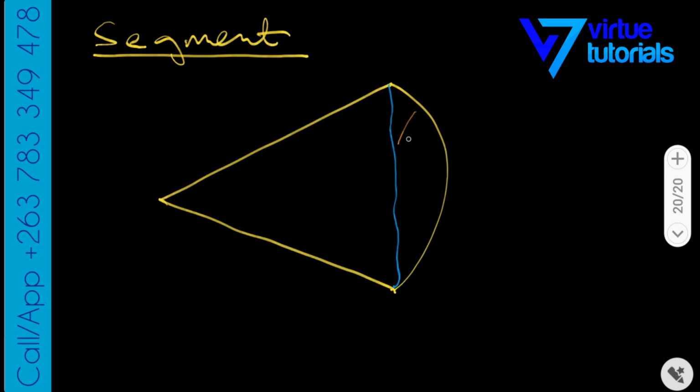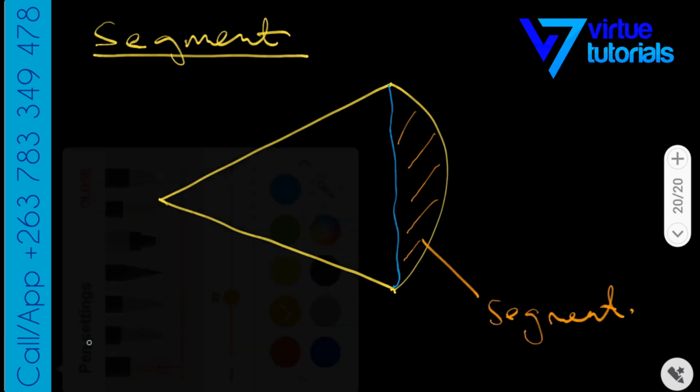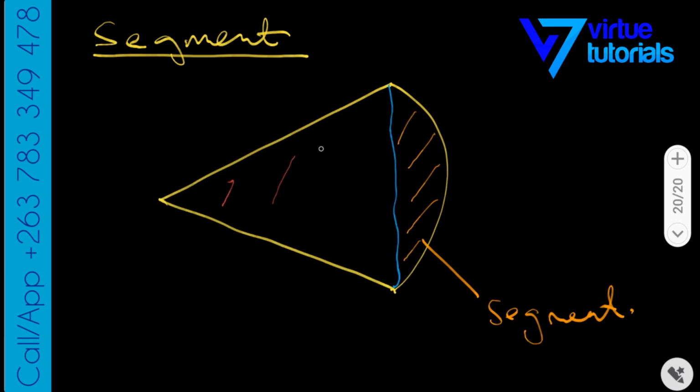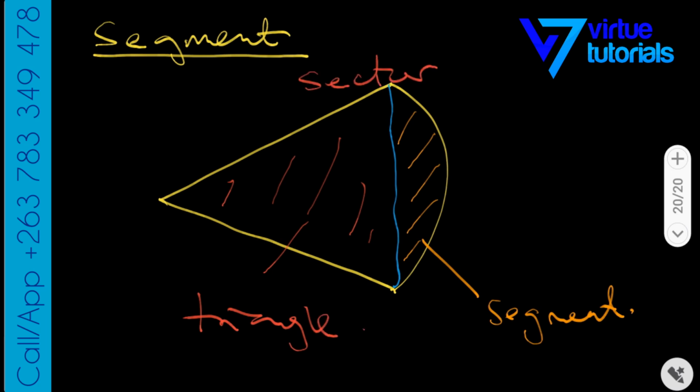On one side, I have this shape, which is what we call the segment. And then on the other side, I have this shape, which is a triangle. So what we're seeing is that a sector can be split into two pieces, a triangle and a segment.